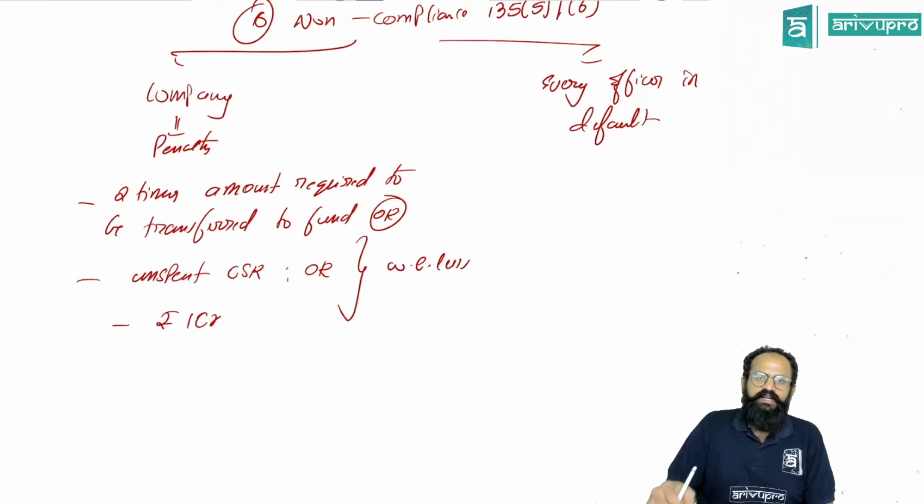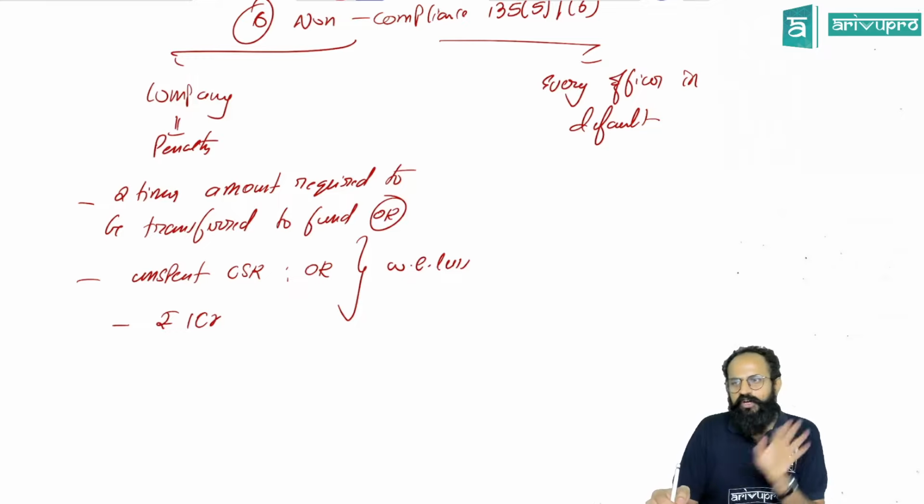So if your CSR is 800 crore and all, the penalty will be 1 crore. That for sure will be there.